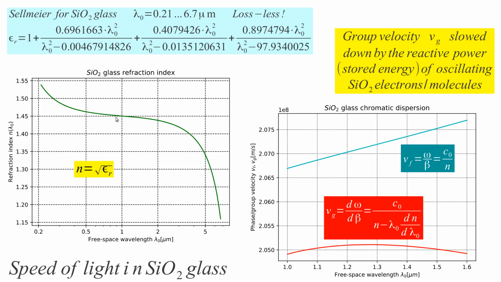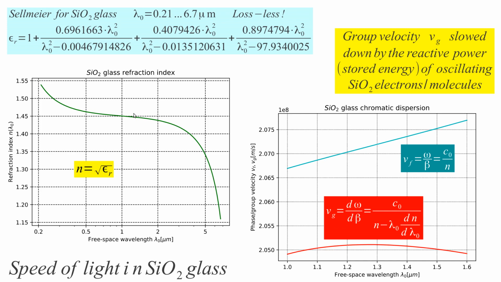If we now enlarge this detail here in our region of interest, our region of interest is inside this region here, say between 1 and 1.5 micrometers, where the losses are the lowest.